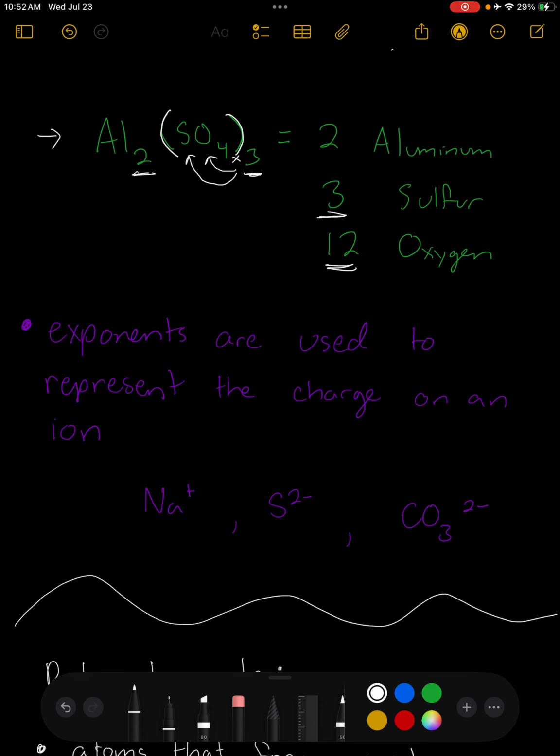But if you do see an exponent, like if it's just a plus or a minus even, if it has a number associated with it, all of that is going to tell you the charge on that ion. So it tells you not only is that thing an ion, it has a charge, but it tells you what the charge is. If you do not see an exponent, that thing probably does not have a charge and is therefore neutral.